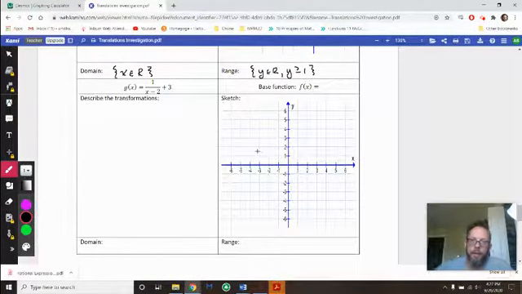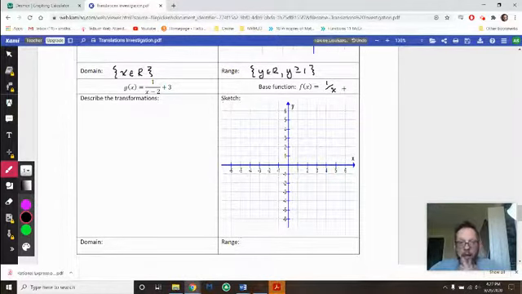Let's do this guy here. So hopefully you look at this function and can recognize, hey, my base function is 1 over x. Now I'm going to add the 6 points we had earlier. So those were (0.5, 2), (1, 1), and (2, 0.5), and then kind of mirrored on the other side: (-0.5, -2), (-1, -1), (-2, -0.5).